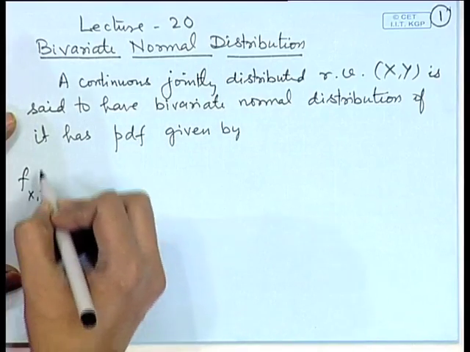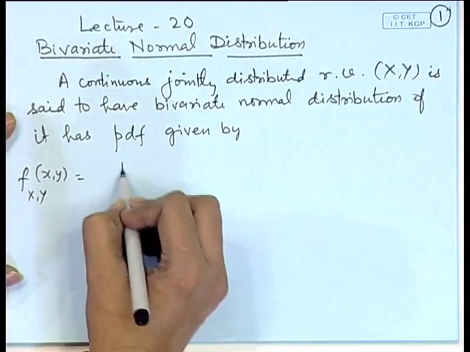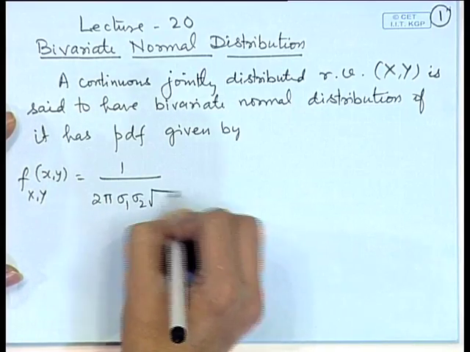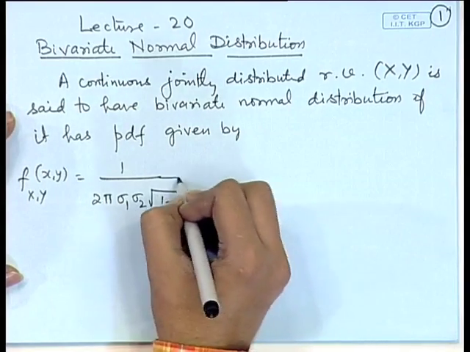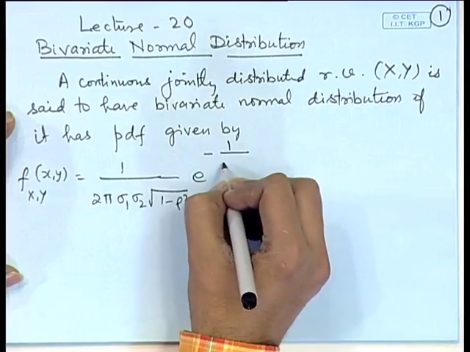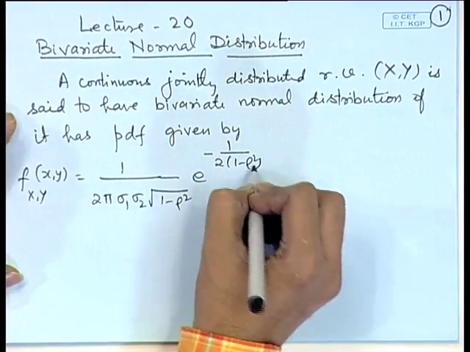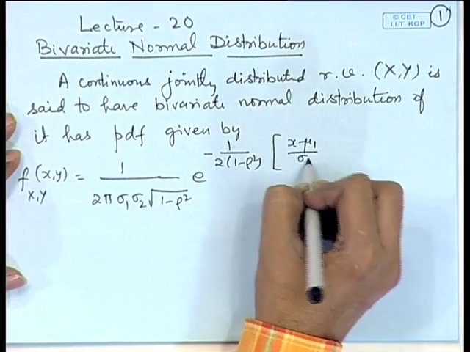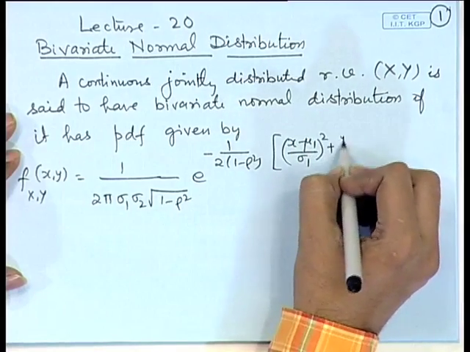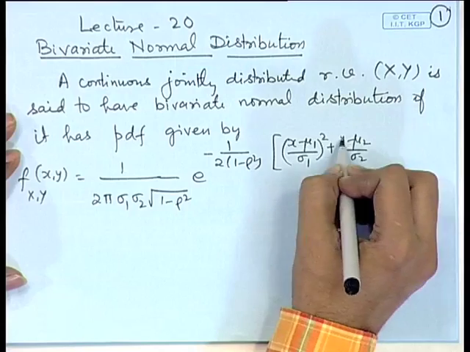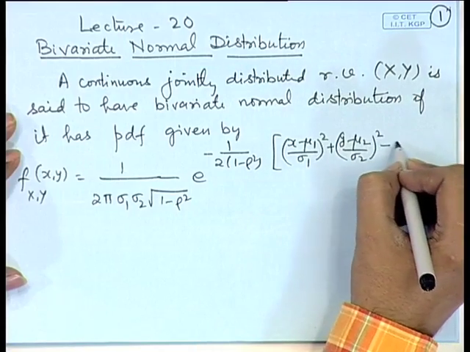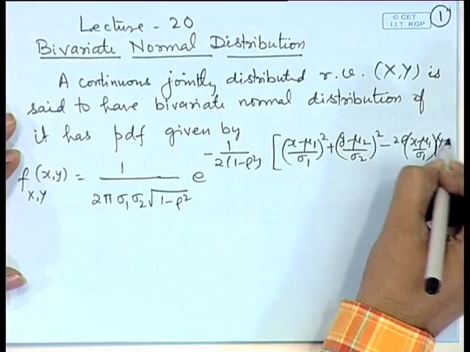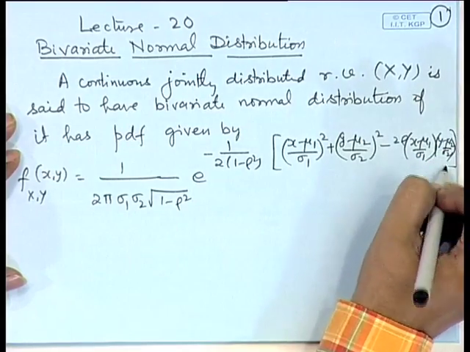f(x, y) equal to 1 by 2 pi sigma 1 sigma 2 root 1 minus rho square, e to the power minus 1 by 2 (1 minus rho square), [(x minus mu 1) by sigma 1] square plus [(y minus mu 2) by sigma 2] square minus 2 rho [(x minus mu 1) by sigma 1] [(y minus mu 2) by sigma 2].